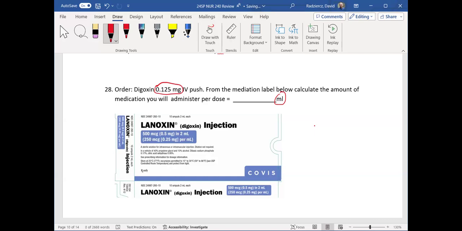I would say, since it's in milligrams, stick with the milligrams so you can kind of ignore micrograms. And I always like to not have to deal with an extra number. So I'm not even going to look at this, and I'm going to use the 0.25 milligrams per milliliter to do my calculation. So my order is 0.125.